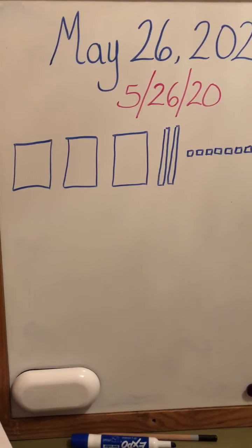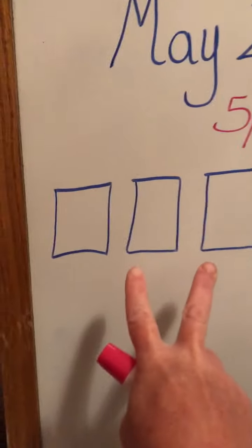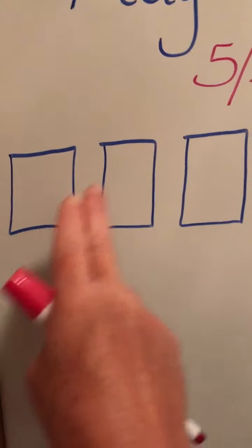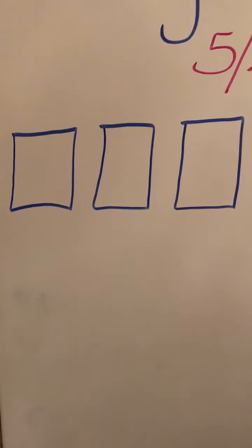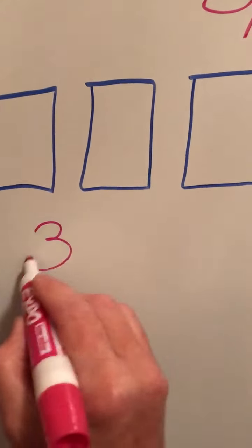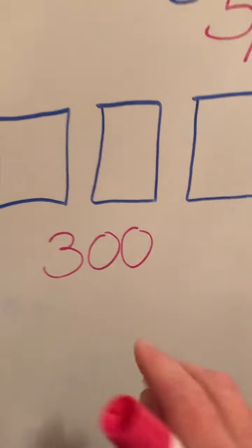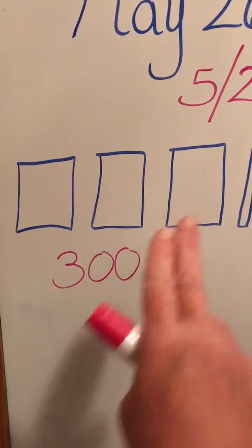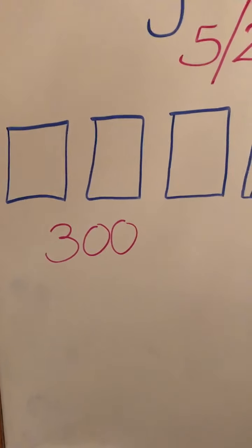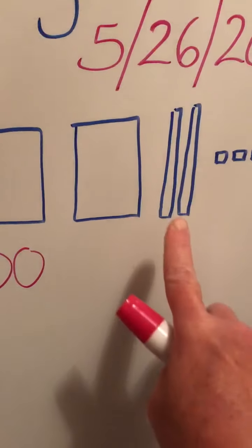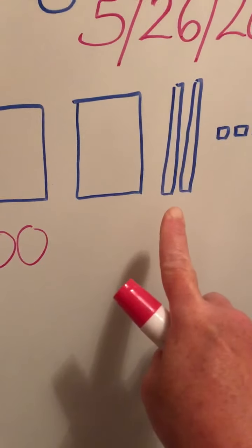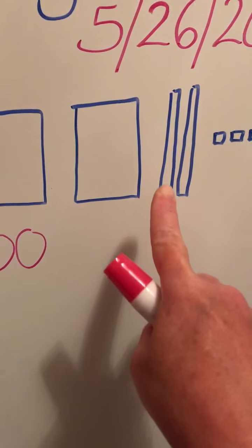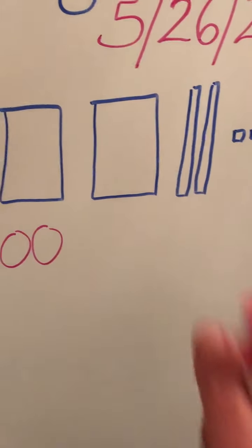And so how many hundreds do I have here? I have 3 flats, which equals how much? 300, right? Basically, this is what these 3 flats represent, is 300. And then how many 10 sticks do I have? I have 2, and how much does that represent? They're each worth 10, so what does that represent? 10, 20, right?